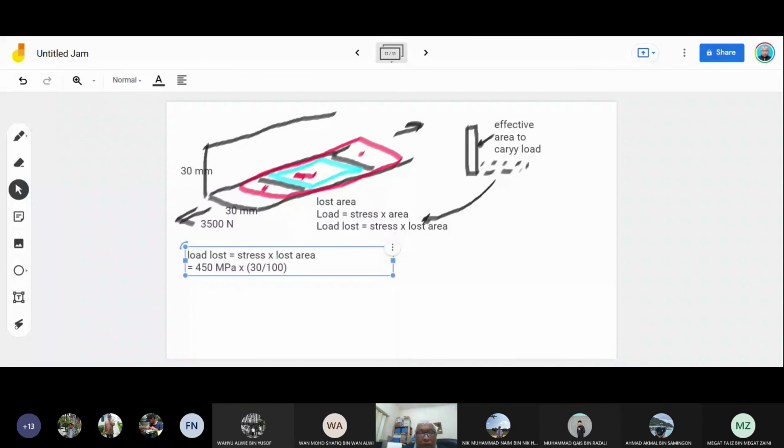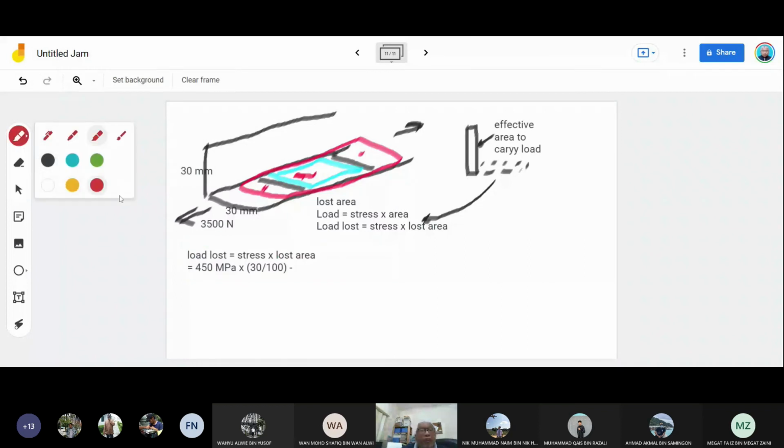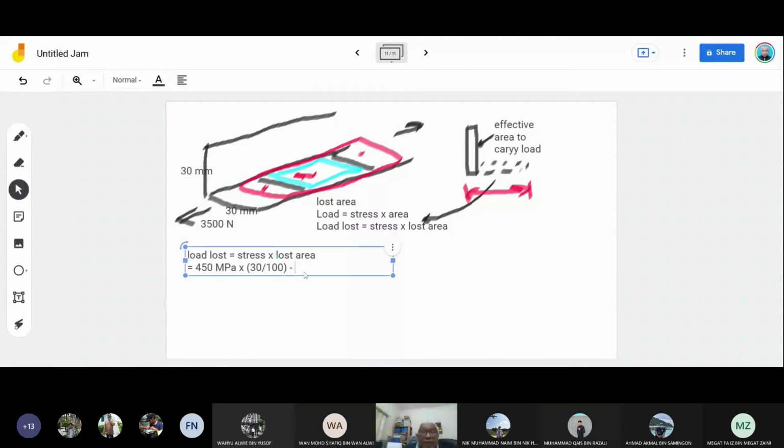We have to minus this thickness because 30 is from here to here, and you have to minus the thickness here. Say the thickness here is 2 mm. Then you have to minus 2 mm. Then the whole thing you multiply by the thickness, which is 2 mm, and then you get the area loss.